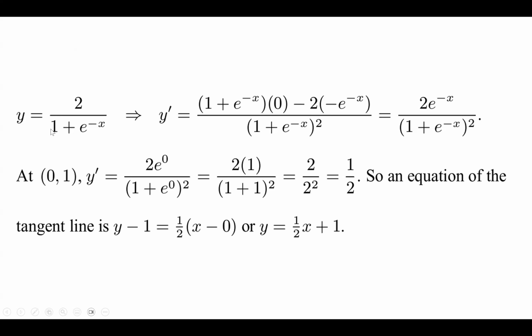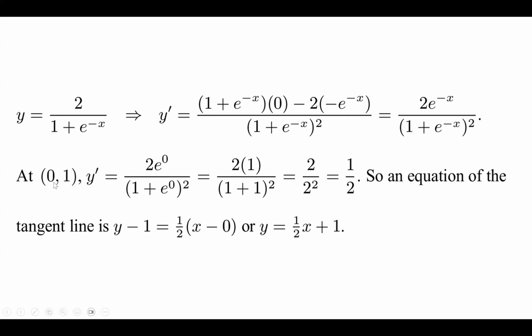And this will give us 0, and the derivative of negative x will give us negative 1. So that's why we have negative e to the power negative x. Then divided by the denominator squared. This is again the quotient rule, squared. Then we combine the terms, and this is what we have.